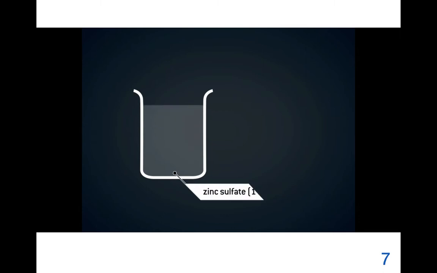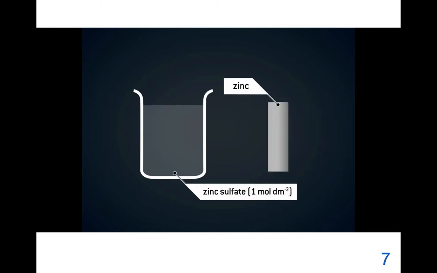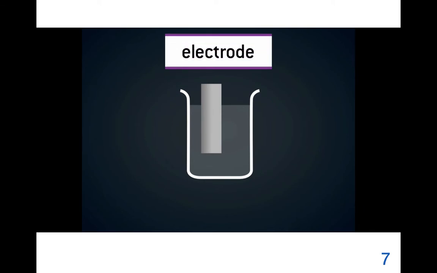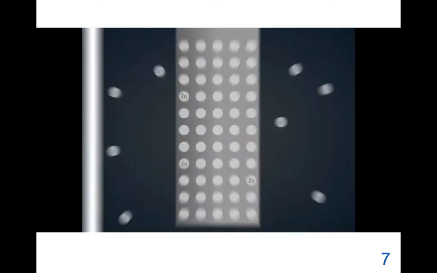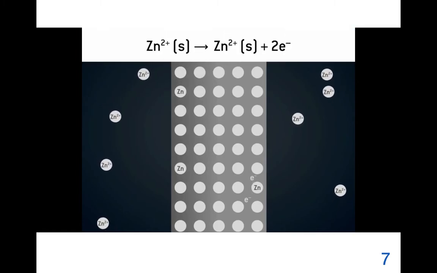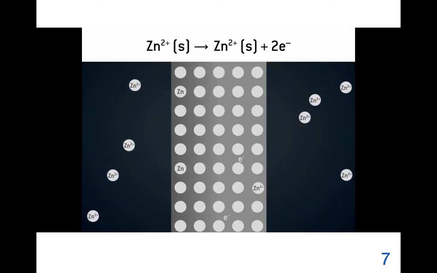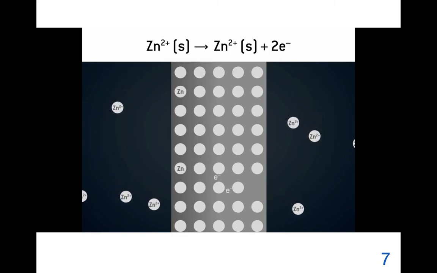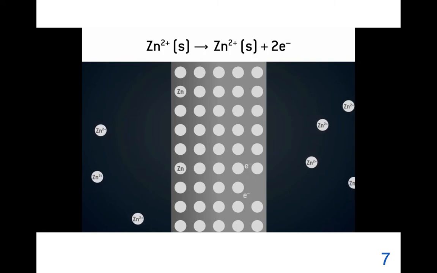A simple electrode, or half cell, can be set up by placing a metal rod into a solution of its own ions. To set up a zinc half cell, a zinc rod is placed into a solution of zinc sulfate. Once in the solution, some of the atoms in the rod release electrons and form ions, which dissolve. The rod is now negatively charged relative to the solution, giving it a negative electrical potential.